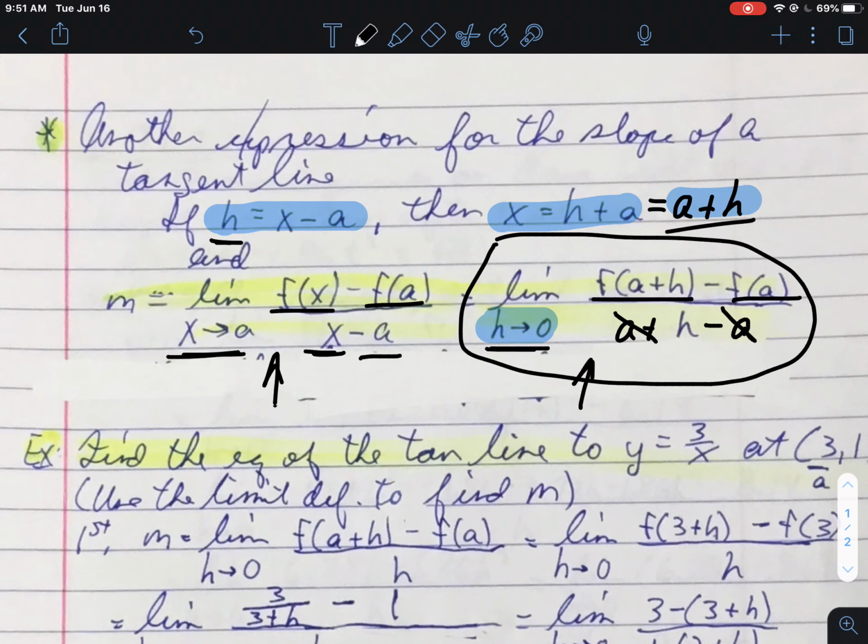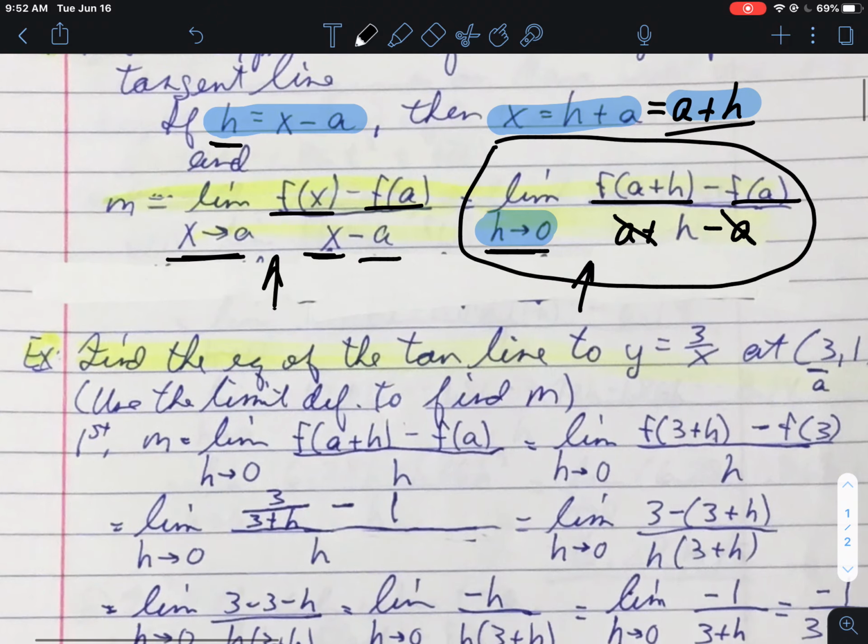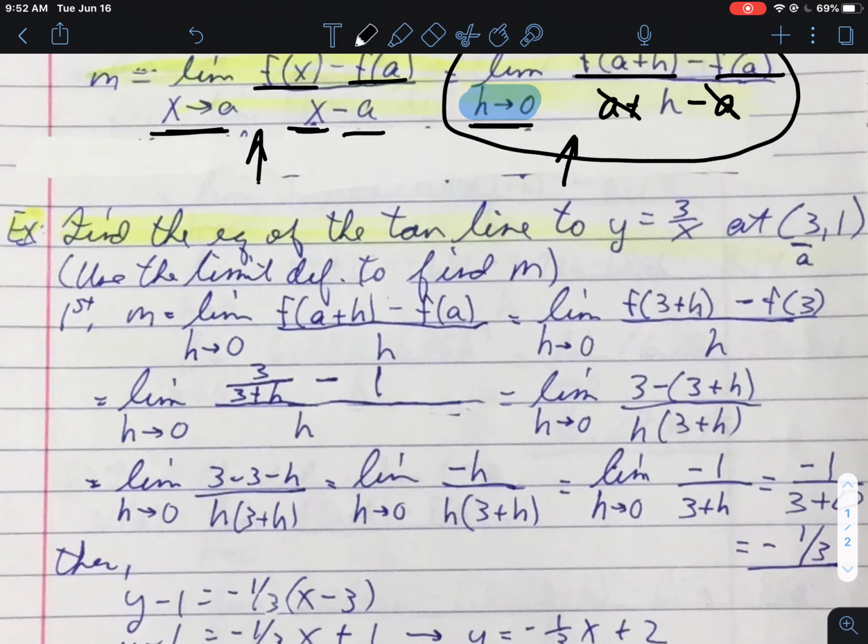In some cases they choose to use one, in some cases the other. I will always use the one that I have circled, the limit as h approaches 0 definition. I prefer that one, and again, I find that it's usually easier to simplify in most cases. But there's nothing wrong with the other one if you prefer to use it. Feel free.